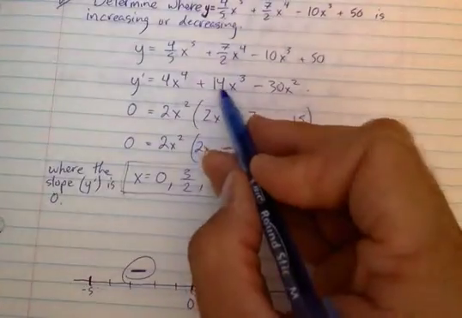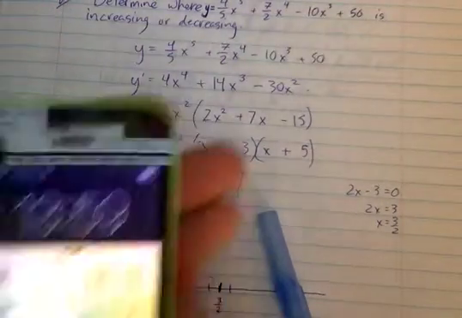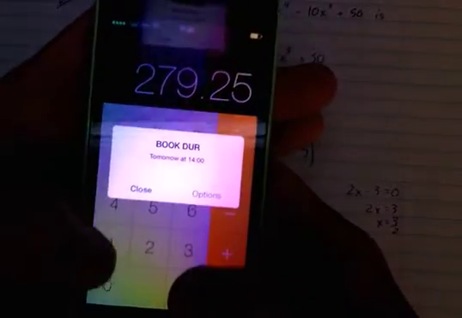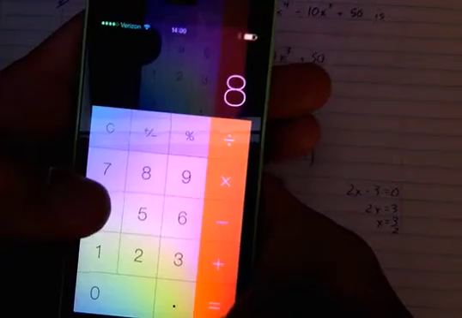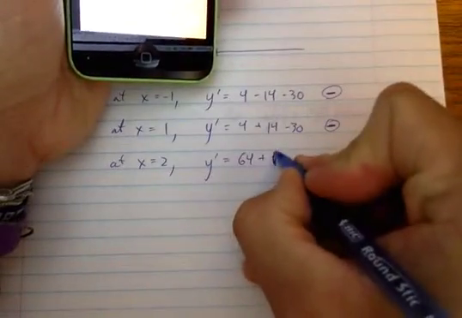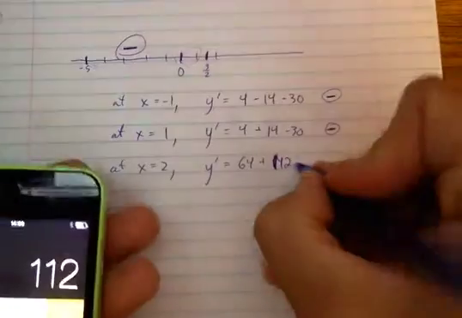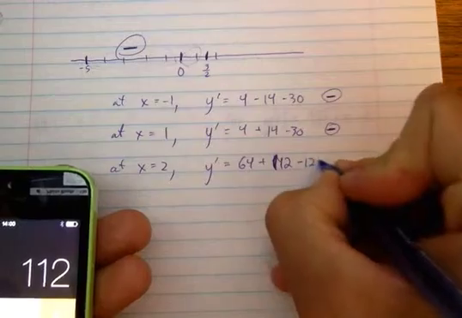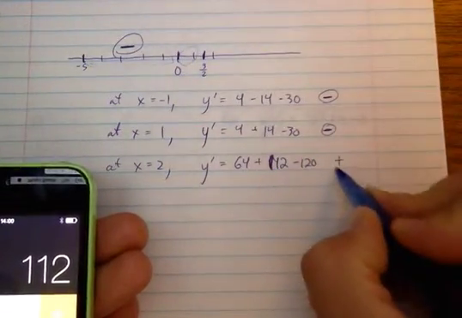I guess I have to be exact. I'm going to pull up my calculator. 14 times 8 is 112. And then minus 30 times 4, which is 120. Okay, clearly we can see that 64 plus 112 is going to make this positive.